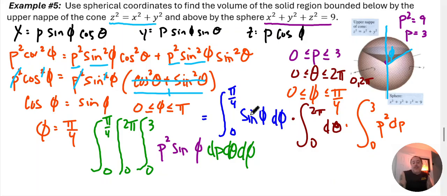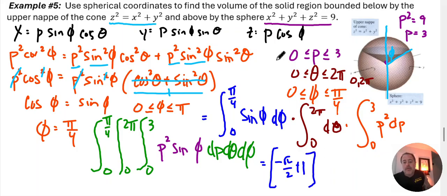And so we can integrate sine, 1, and rho squared very easily. The answer that we get individually, when we integrate sine of phi, is negative square root of 2 over 2 plus 1. For anybody doing this by hand who wants to check each individual interval, the integral of 1 is theta evaluated from 0 to 2 pi, so this is simply 2 pi.